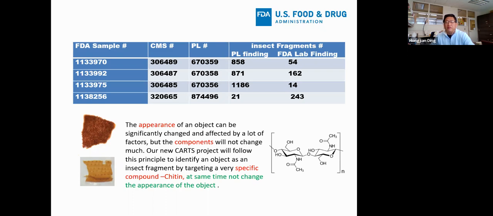At the same time, this method does not change the appearance of the object, because if we find an insect fragment, we think it's a violation, and we need to keep that evidence. If the private company says no, we need to challenge them, so we need to show that evidence in our hand.